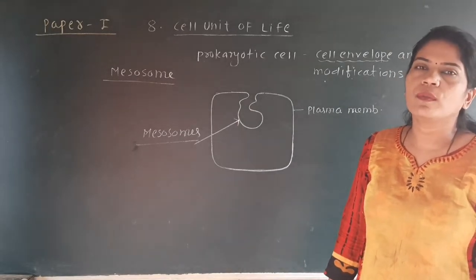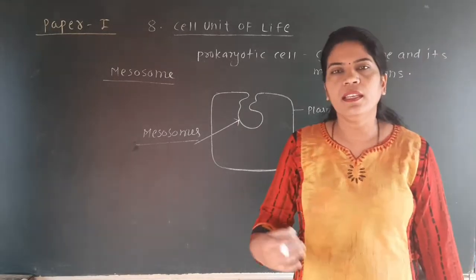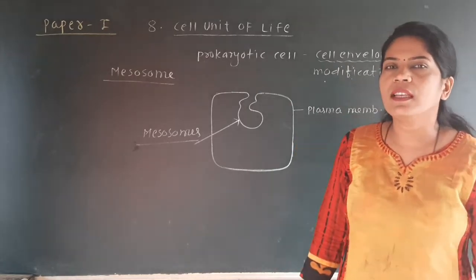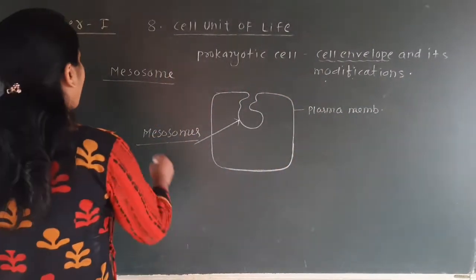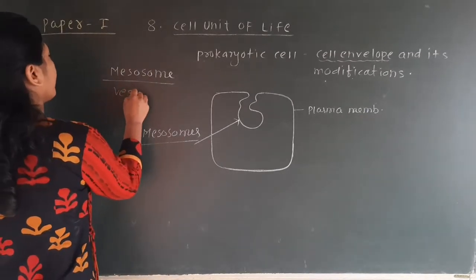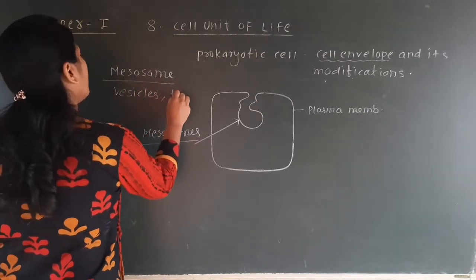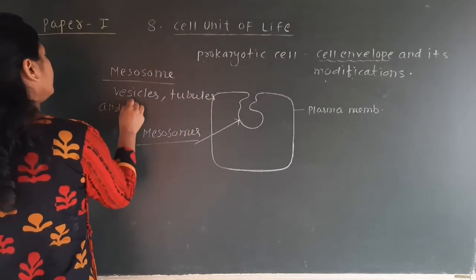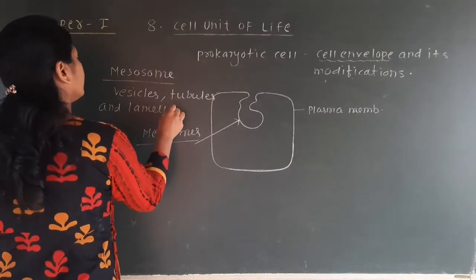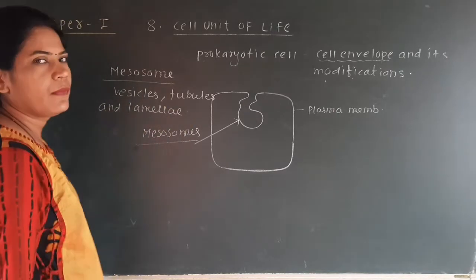And these mesosomes are present in the bacterial cell in the form of three structures. Those are called the vesicles, tubules, and lamellae.